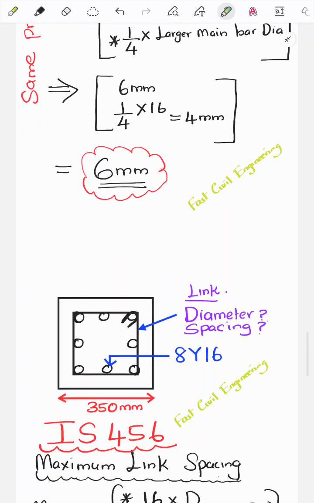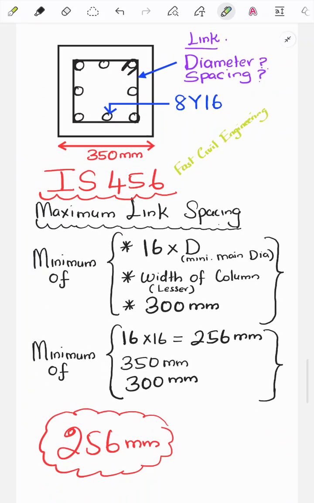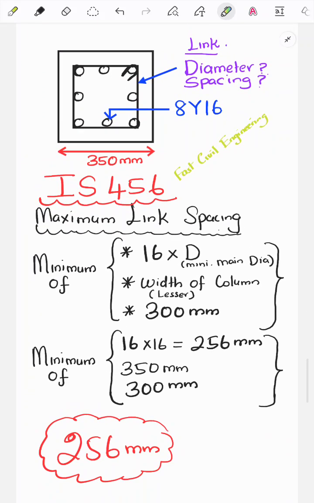Next one, maximum link spacing according to the Indian standard. IS 456 uses 3 criteria and we must take the least of them. Number 1, least lateral dimension of the column. This is 350 mm. Number 2, 16 times the minimum diameter of the longitudinal bar. 16 into 16, 256 millimeter.